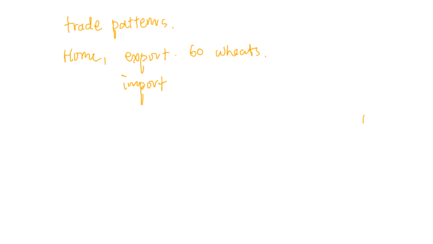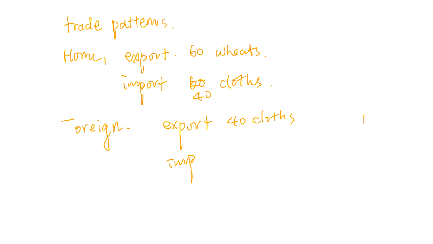Import 60 of the clothes, right? And the foreign country exports, sorry, here should be 40. 40 clothes, and imports 60 wheat, right? So now I already have the trade patterns, and I know the two schemes.